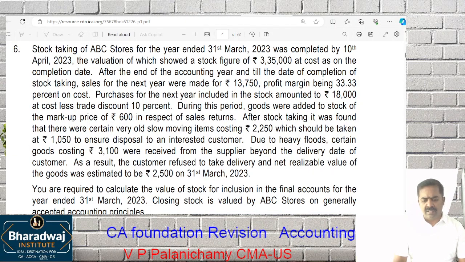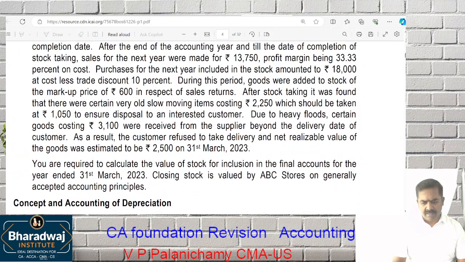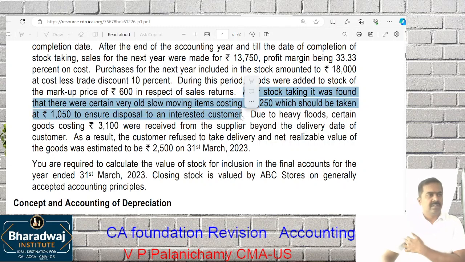After the stock taking, it was found that there were slow moving old items costing 2250, which should be taken at 1050. Read this. This is not inflow or outflow. It is a reduction in the value of inventory.